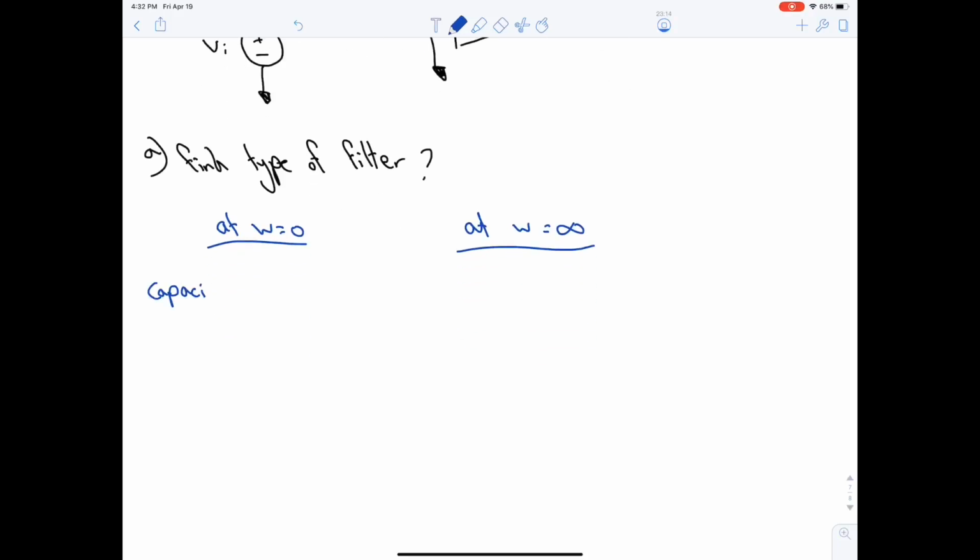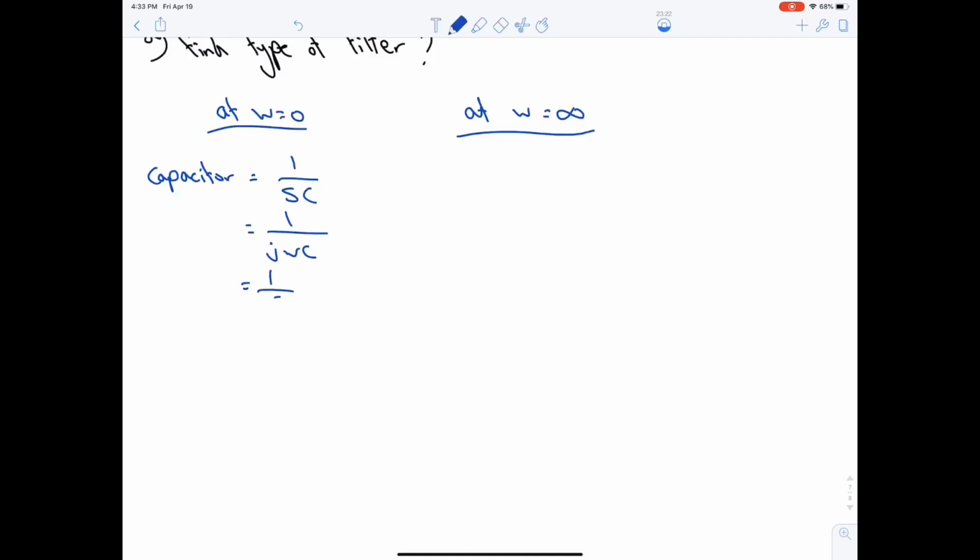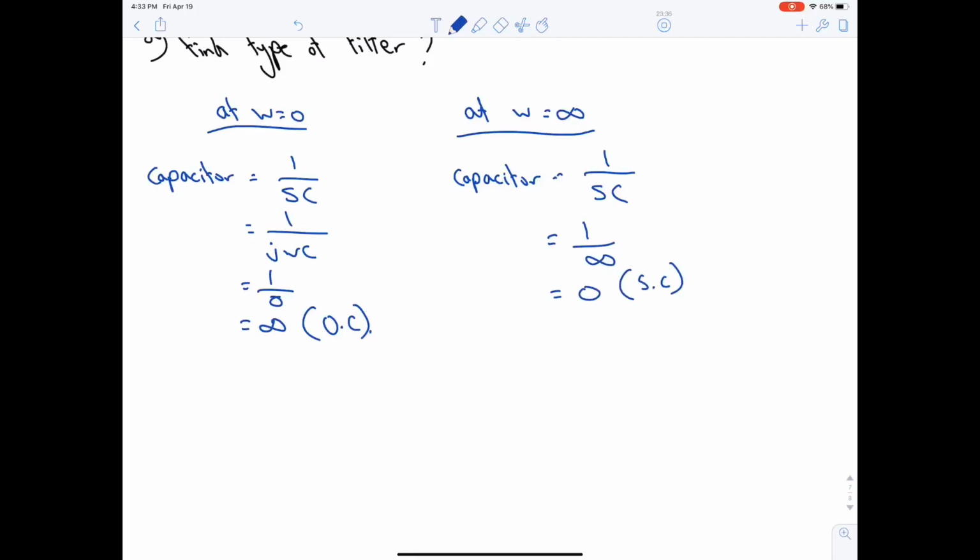The capacitor is equal to 1 over SC, 1 over JWC. At omega equal to 0, 1 over 0 is infinity, so it's an open circuit. Let's do the same thing here. At omega equal to infinity, the capacitor is 1 over infinity, which is equal to 0, which is a short circuit.